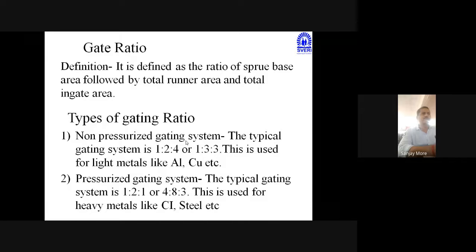This is used for light metals like aluminum, copper, etc.